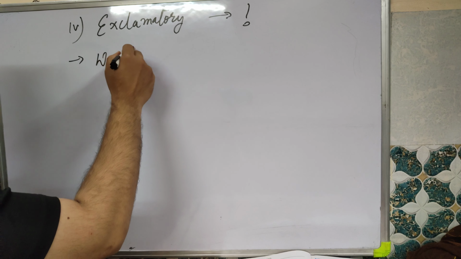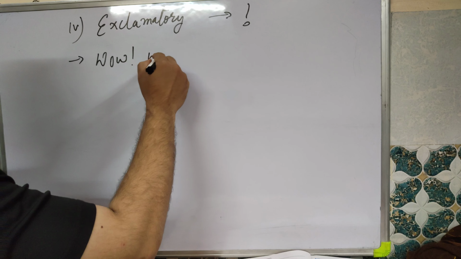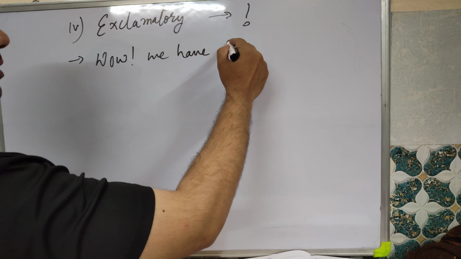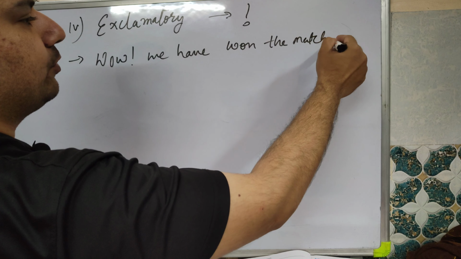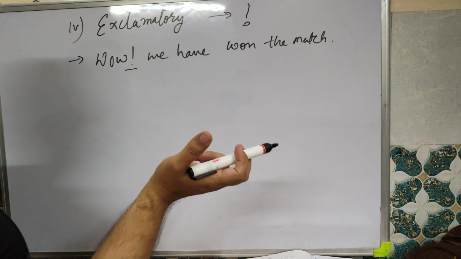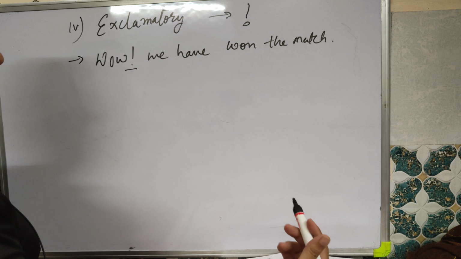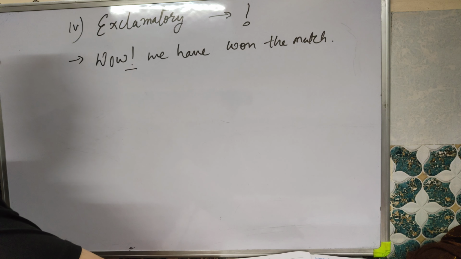Like, wow, we have won the match. So here you show an emotion, the kind of emotion that you are quite happy that you have won the match. So sentences which actually express some strong and sudden feelings and emotions.